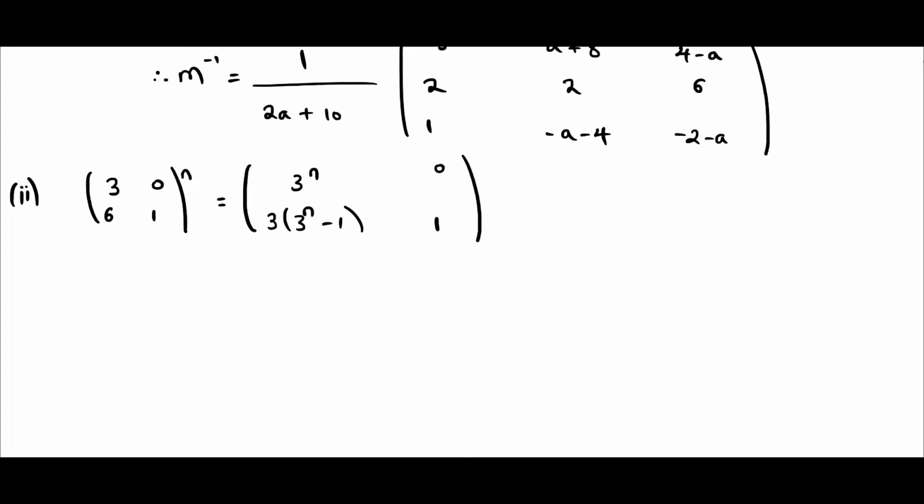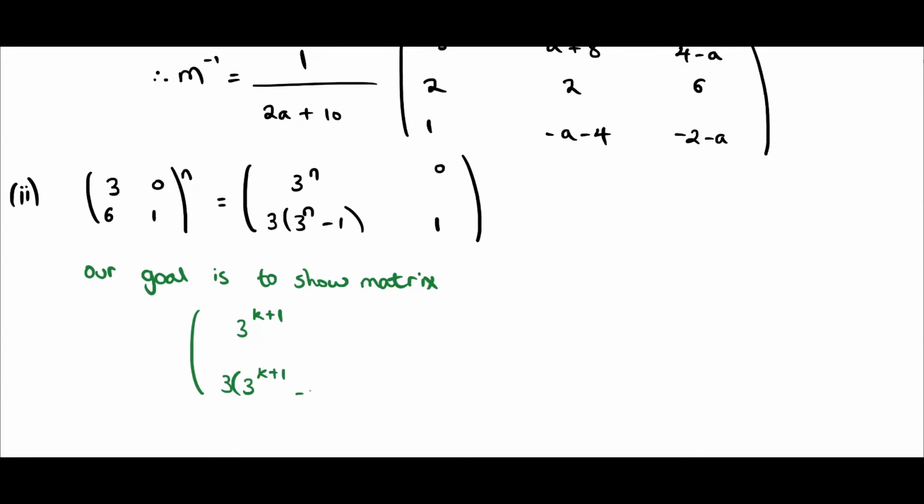Okay, and if we use proof by induction, our goal is to show the matrix, if we replace n with k plus 1, 3 to the power of k plus 1, 3 lots of 3 to the power of k plus 1 minus 1, 0, 1.